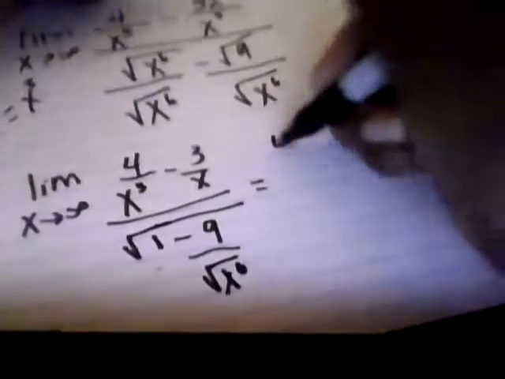Once we do that, we have the limit as x approaches infinity of 4 over x cubed minus 3 over x, all over the square root of 1 minus 9 divided by x to the 6. Now we can plug in infinity.